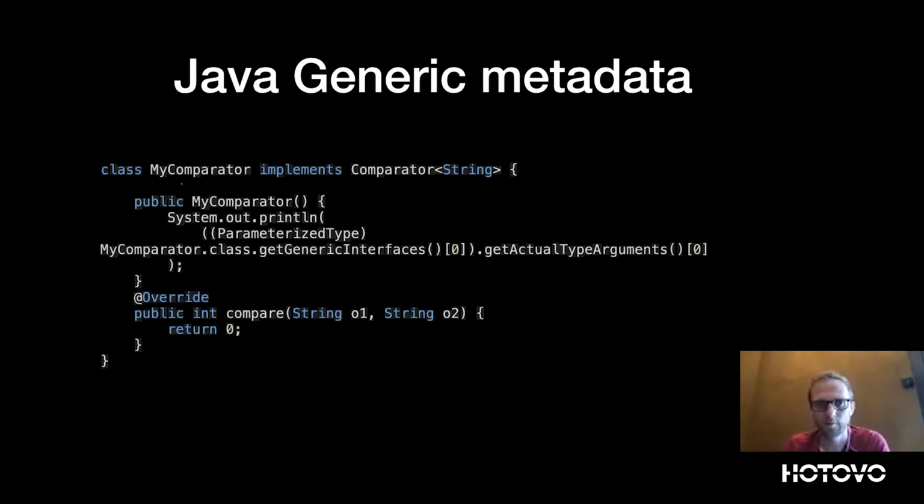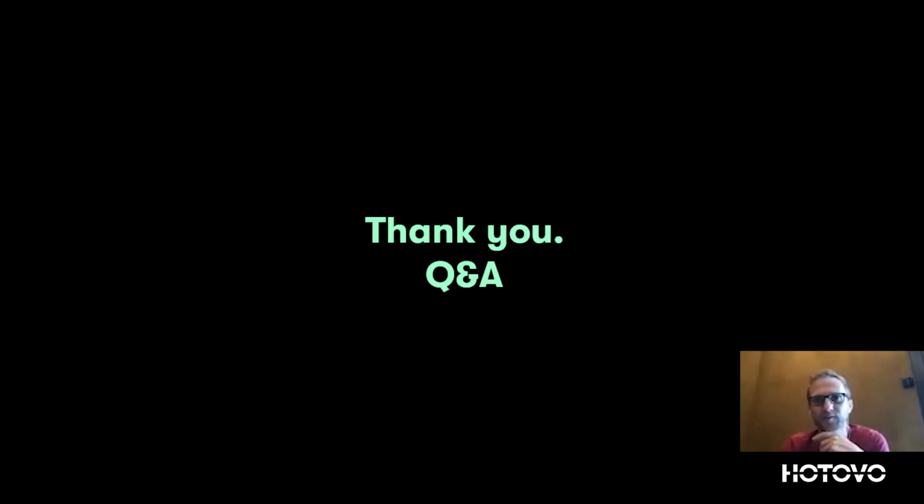So this is an example where I have a class myComparator and it implements Comparator of String. Using reflection methods at runtime, I can get the type here, because this is a class declaration and it's stored within the class metadata, so it's available at runtime. Using the generic interfaces method, I can get the comparator interface, cast it to a parameterized type, and get the actual type arguments, so this would print out a String class. And this was everything I had for today.